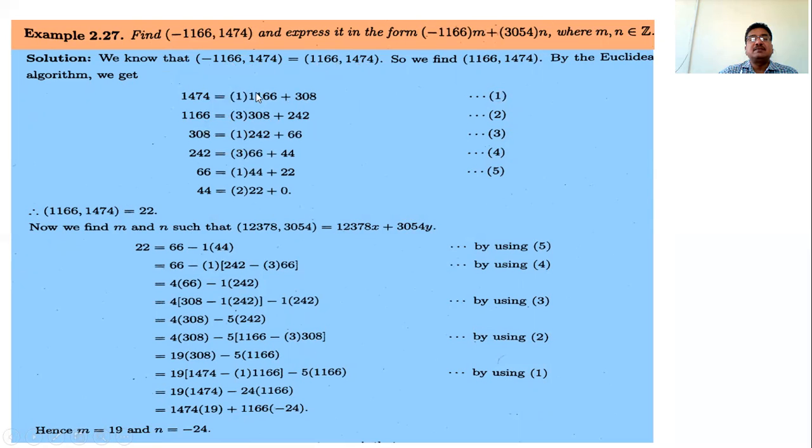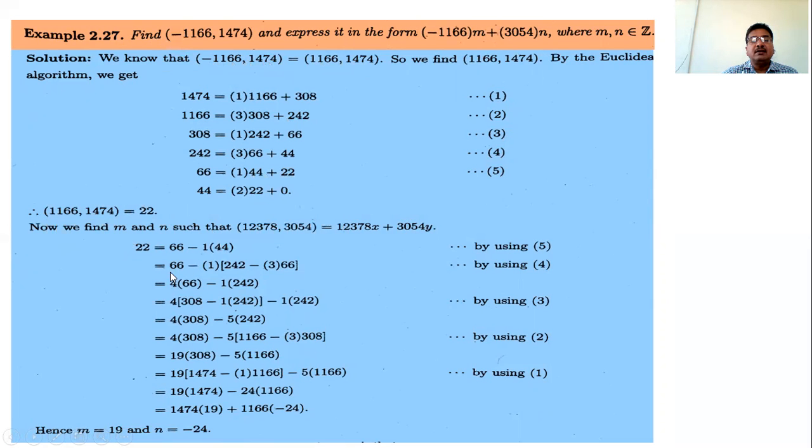Divide the larger number by the smaller number: the quotient is 1 and the remainder is 308. Continue this process, and the last non-zero remainder is 22, and therefore the greatest common divisor of these two numbers is 22, and therefore the greatest common divisor of minus 1166 and 1474 is also 22.